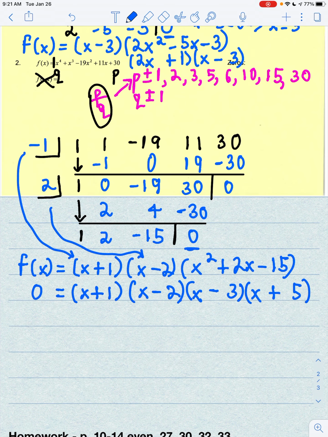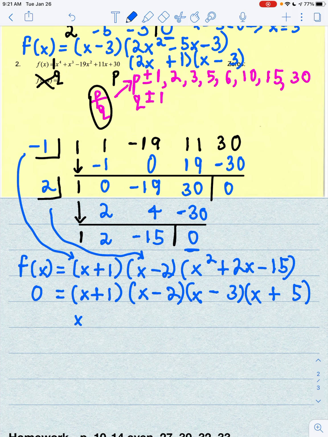The zeros are found when you make f of x 0, because it's really your x-intercepts, the zeros or your roots. And we get negative 1, positive 2, positive 3, and negative 5. Will they always be real? No. Sometimes you might have to use the quadratic formula and you'll get i in some of your roots.